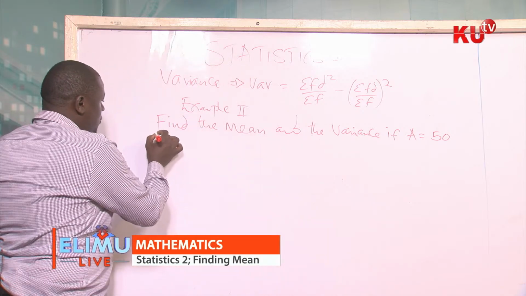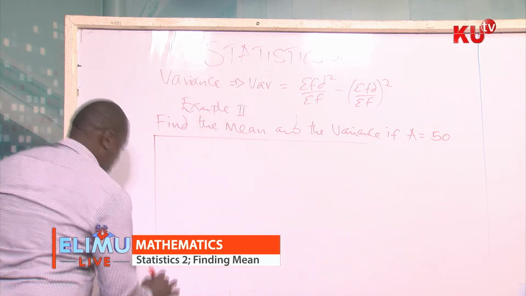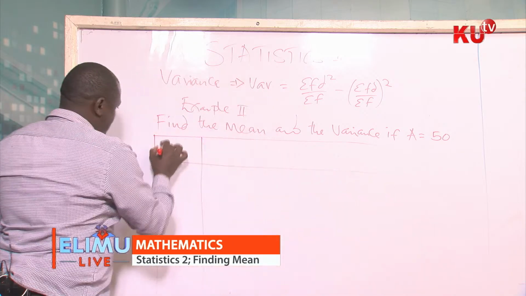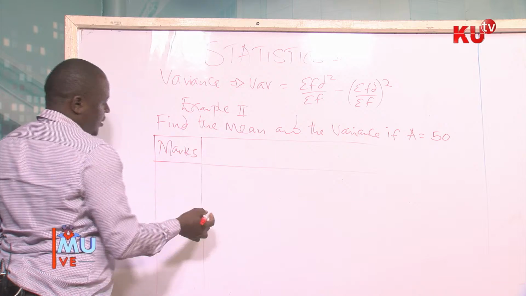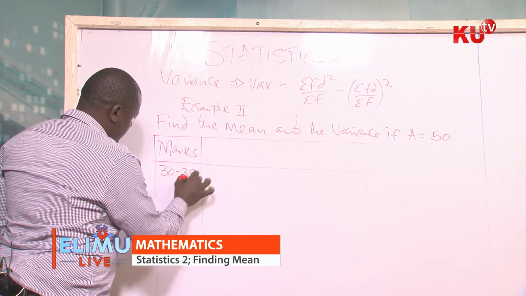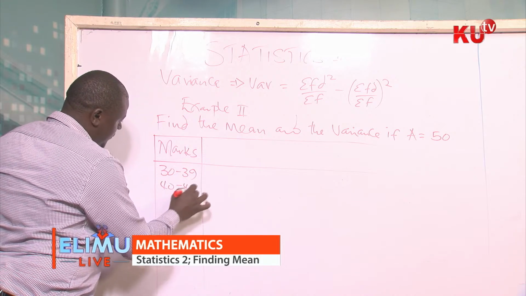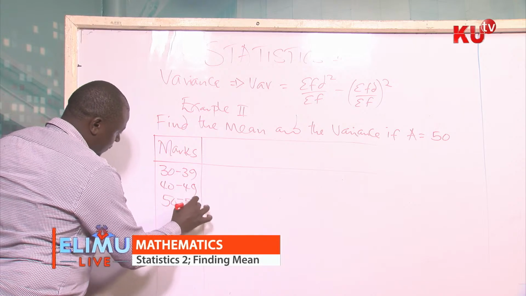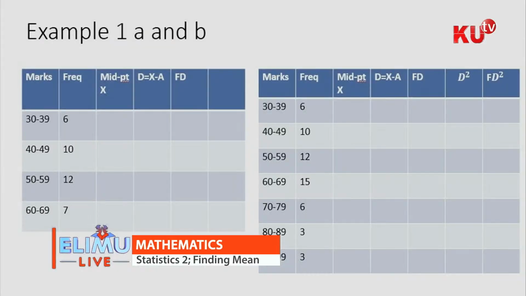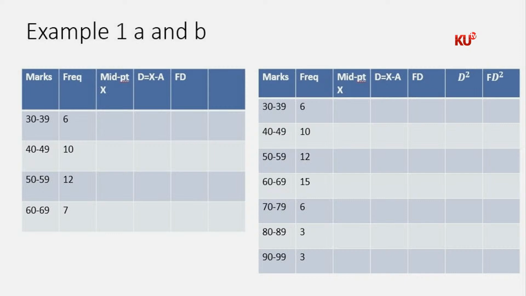If you allow me, I'll do the table in a different way for presentation purposes. These are marks. The marks will range from 30 to 39, 40 to 49, 50 to 59, as they are indicated on the screen, 60 to 69, 70 to 79, 80 to 89, and 90 to 99.